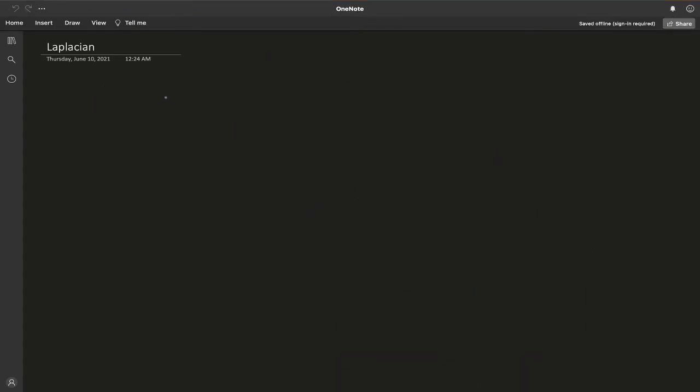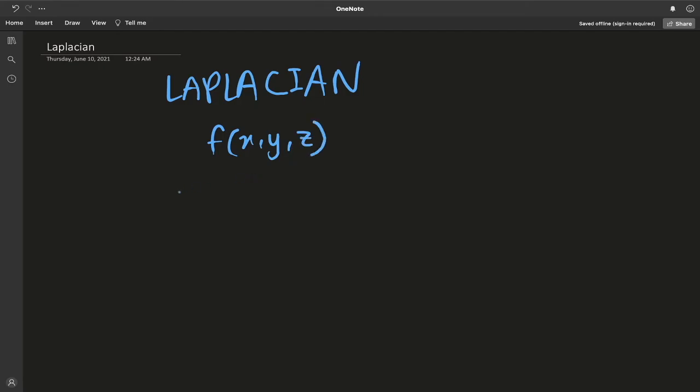And finally, let me briefly talk about the Laplacian. Take some scalar field, let's say xyz, and take the gradient of it. Of course, I just showed you how you can do that.